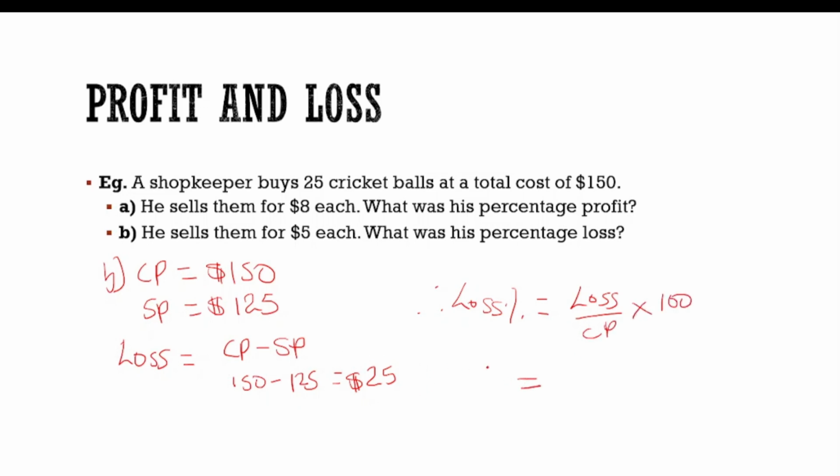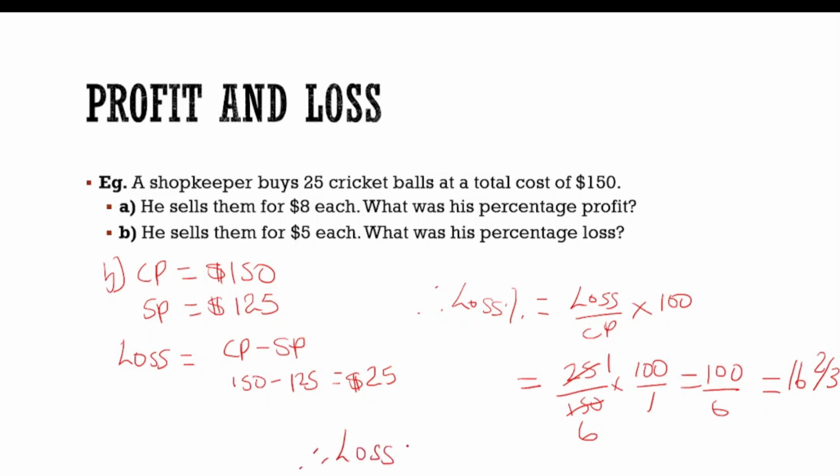That is equal to our loss of 25 over the cost price of 150 times 100. 25 into itself once, into 150 6 times, so that still gives us back the 100 over 6, or 16 and 2/3%. So again, the loss percentage is equal to 16 and 2/3%. So those are two methods that you can use to calculate loss or profit percent.